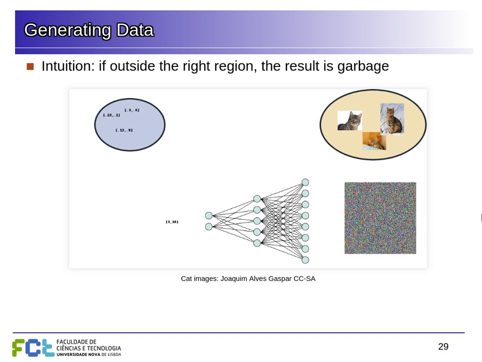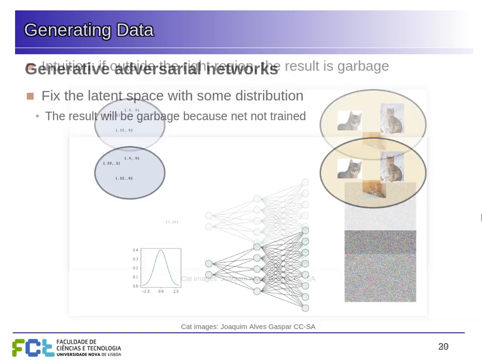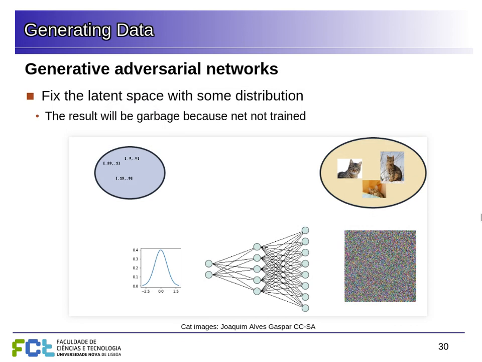We could do this if we knew what was the shape of the cloud, so to speak, of representations of cats. If we had an idea of what was that shape, we could pick samples inside that cloud and not risk going outside the cloud. So this is what we can do with generative adversarial networks.